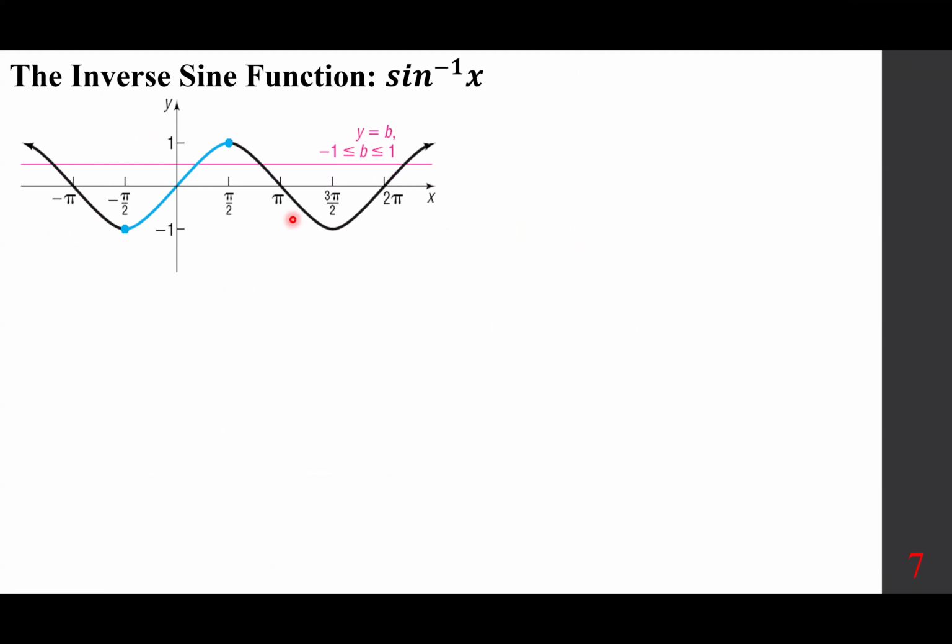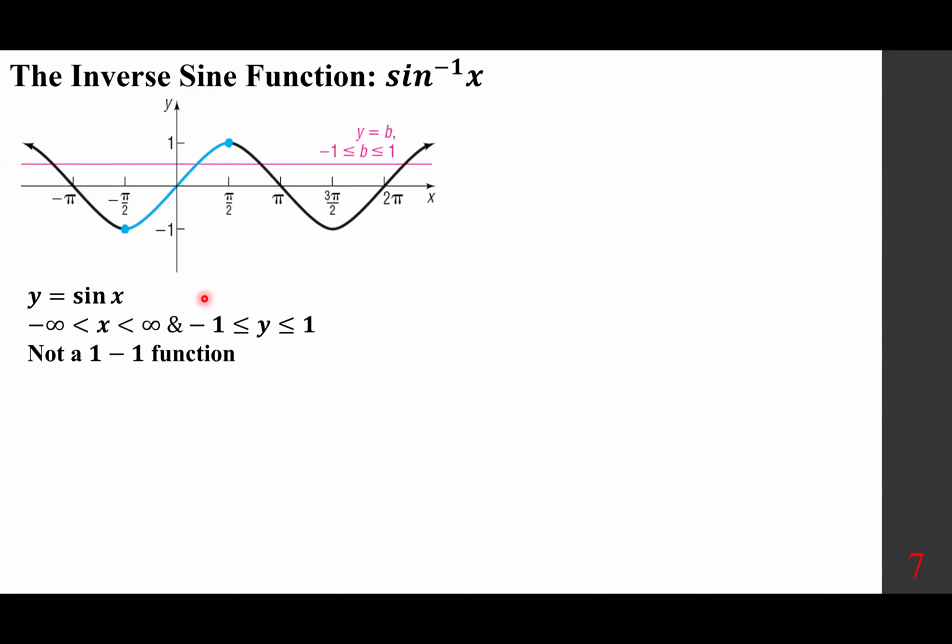So we want to come up with the inverse sine function, sine inverse of x. And I remind you that every trigonometric function is periodic, and therefore it fails the horizontal line test.